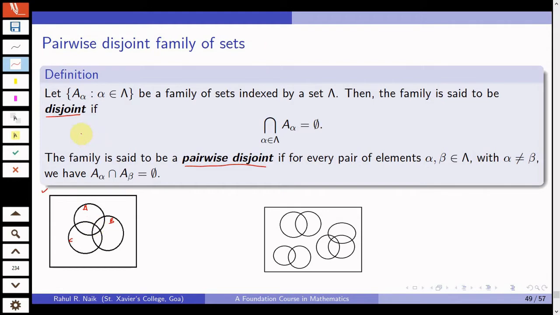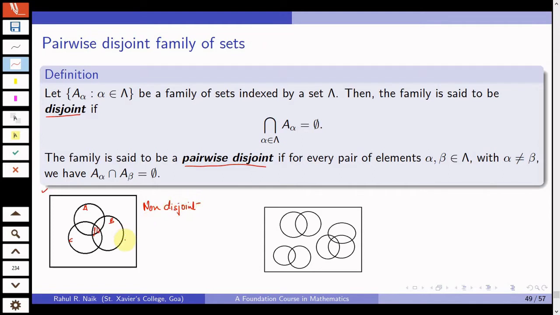So you can see through this Venn diagram that this has a common element. This is a common part. There is at least one element which is common to A, B as well as C, and therefore this family is not disjoint because the intersection is not empty. So I can say that this is a non-disjoint family.